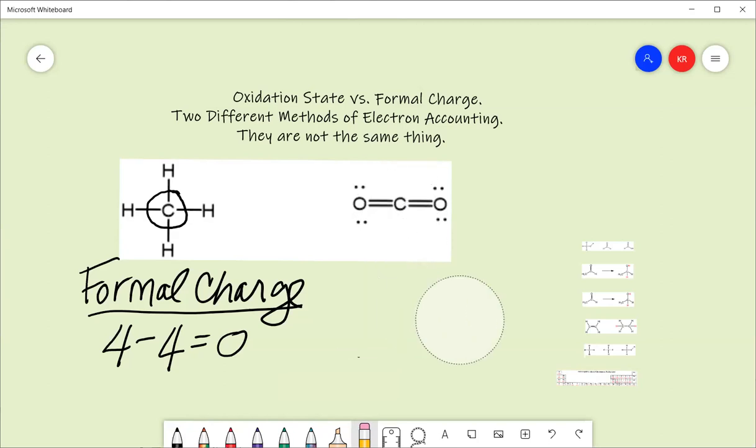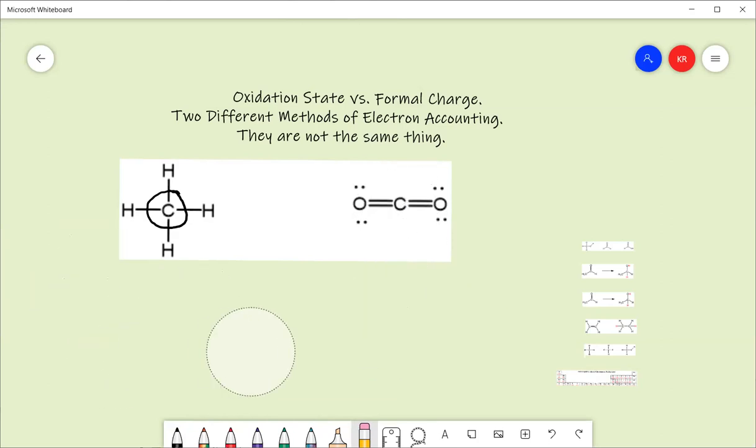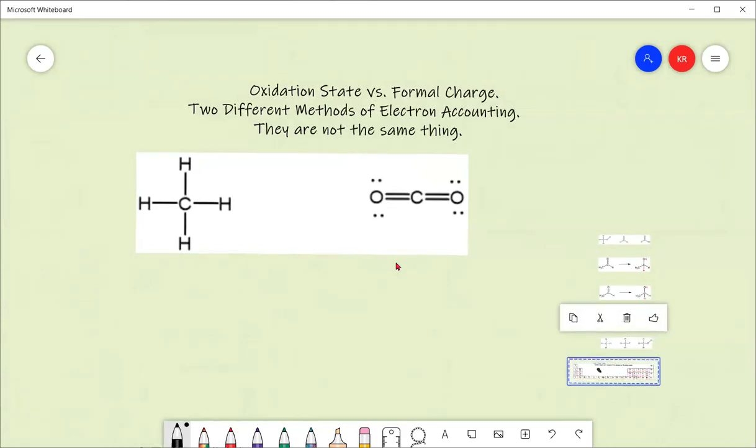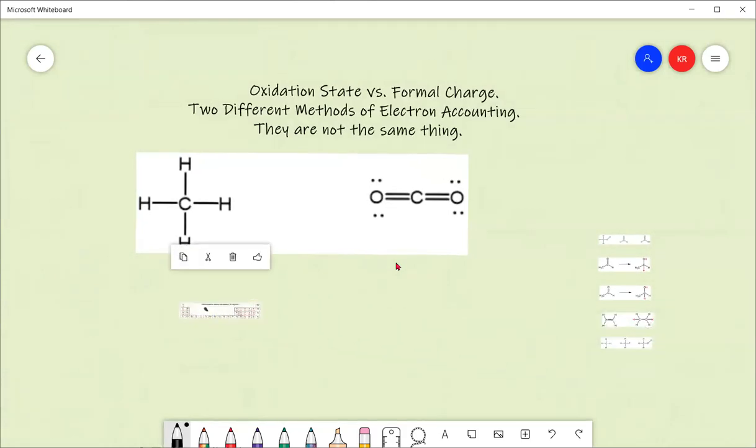Let me erase all of this so that we can talk about oxidation state. I'm going to see if I can select this and move it up here for you and make it bigger, since I've got a little bit of a periodic table here.